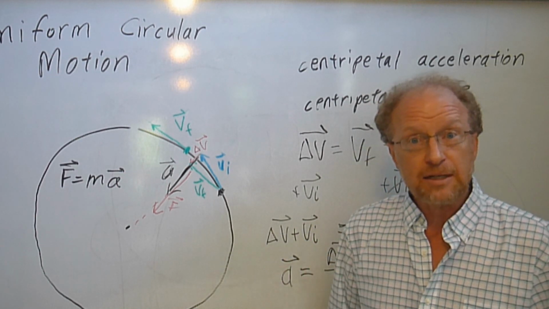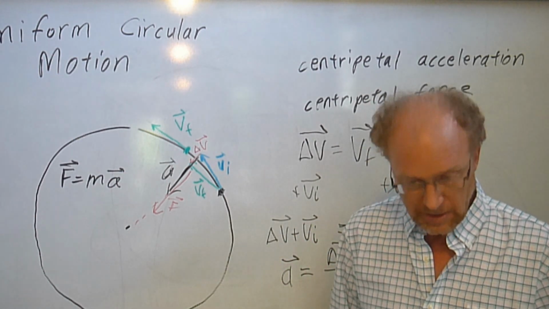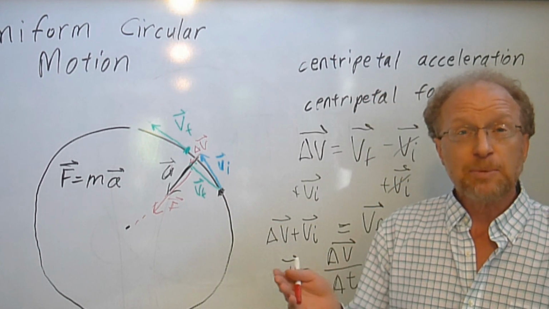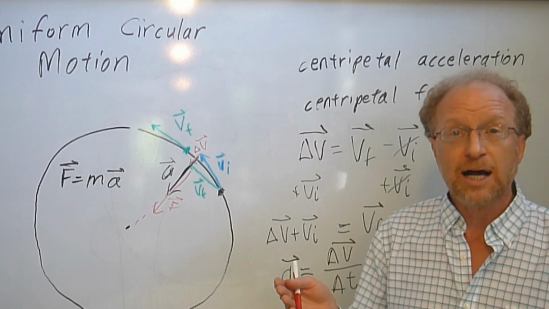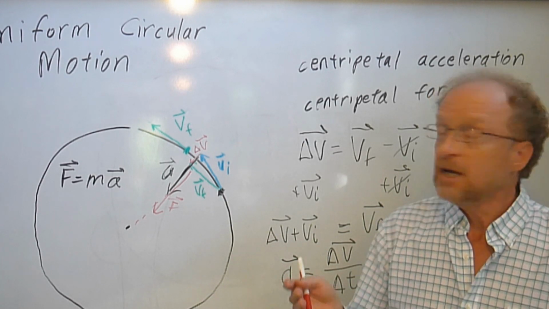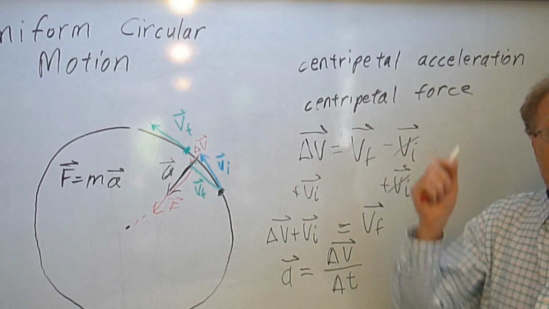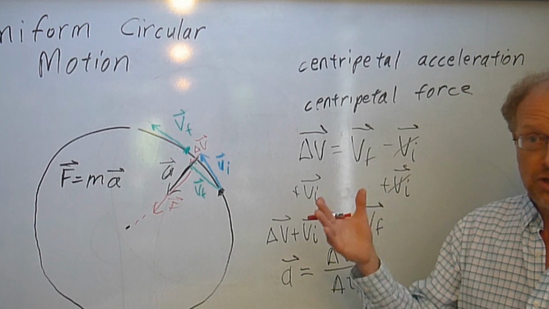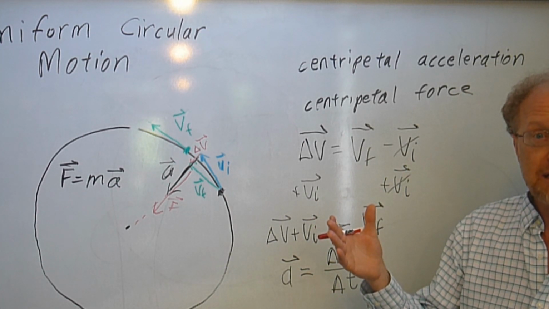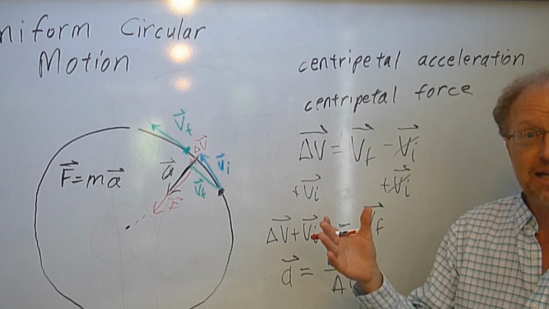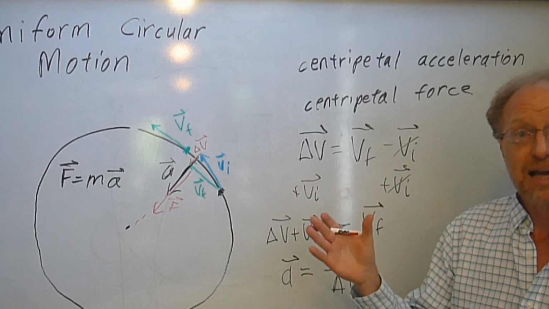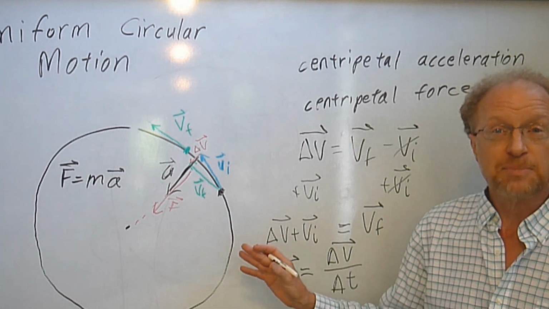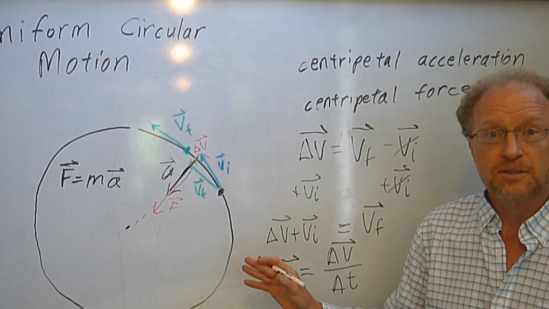One last thing I want to close with is that centripetal acceleration is not some new kind of acceleration. Centripetal force is not some new kind of force. In terms of centripetal force, it's just the net force acting on an object. And if the object is moving in a circle, that net force must be directed toward the center of the circle.